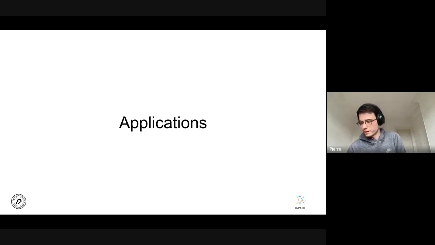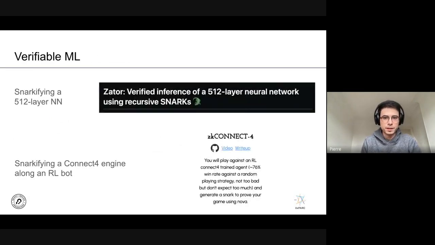Okay, so let's dive into the applications now. First you have verifiable ML. Lyron did a project where he snarkified 512-layer neural nets. The idea here is not verified training, but verified inference.